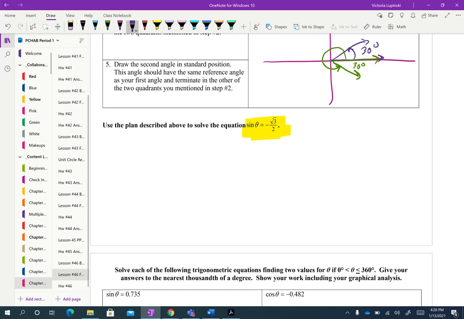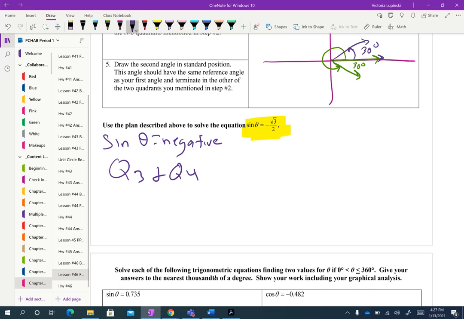So the fact that the sine is equal to negative radical 3 over 2, if you're talking about the sine of theta equaling a negative, sines involve y values, and y values are only negative in quadrants 3 and 4. So that means you're going to be looking for one answer in quadrant 3 and one answer in quadrant 4.